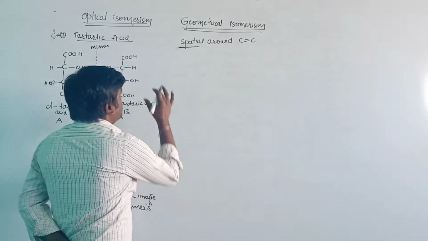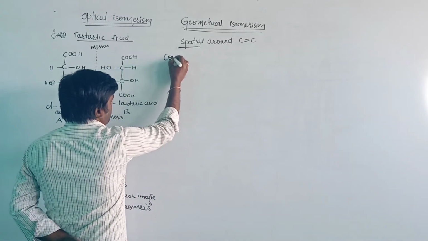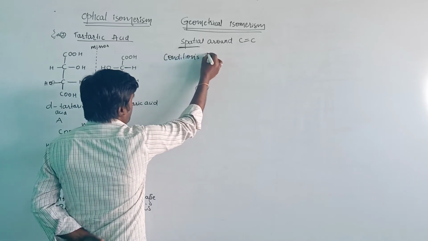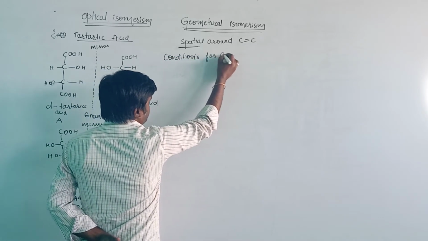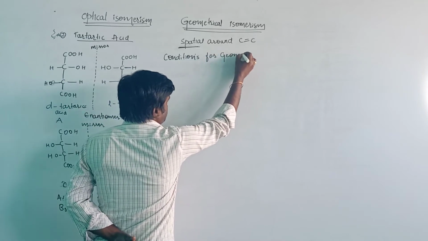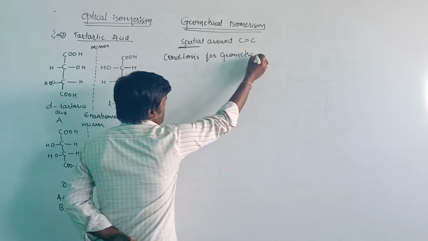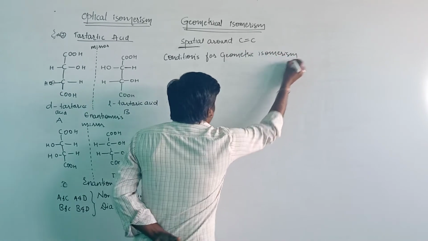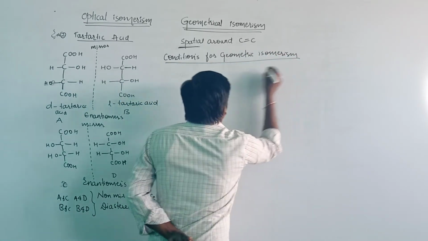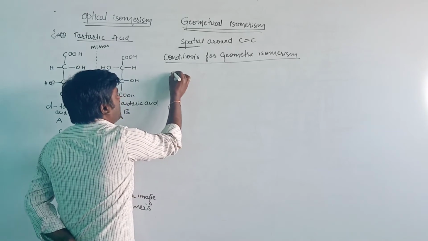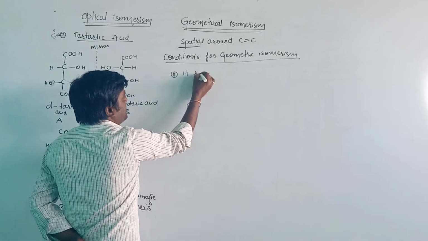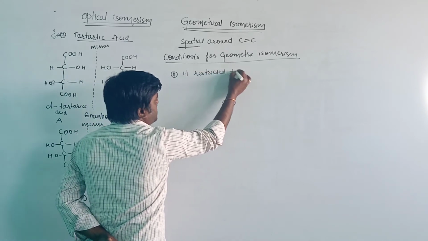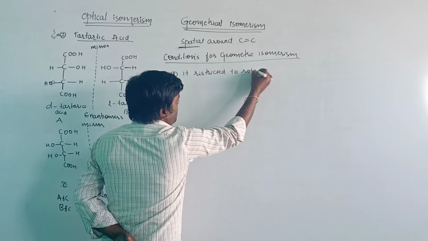Then let us see the conditions for geometrical isomerism. The first condition is that it is restricted to rotation.